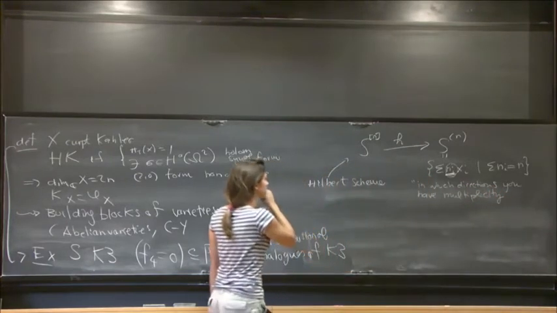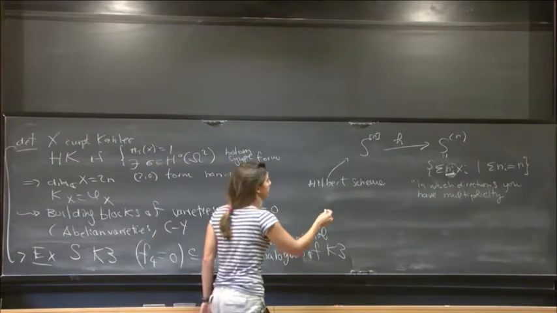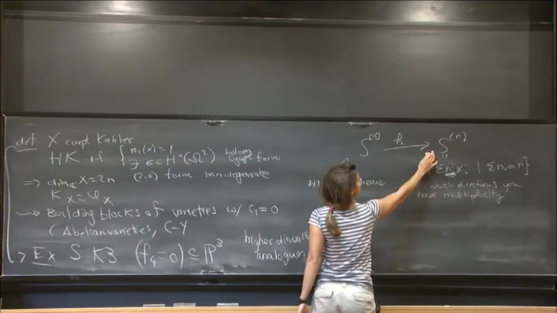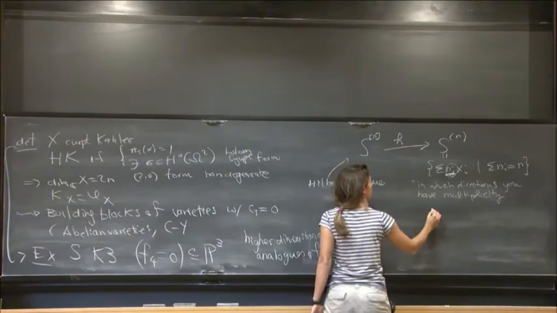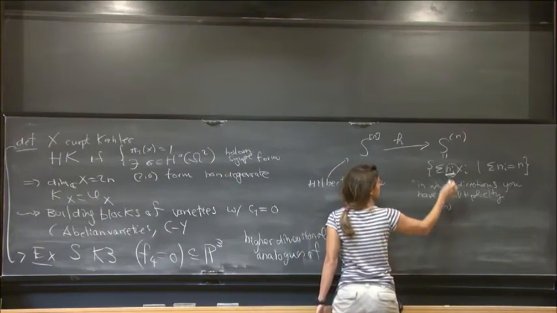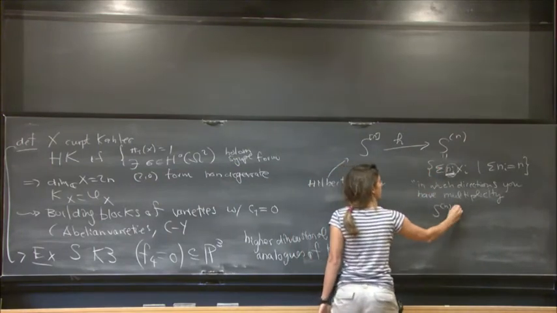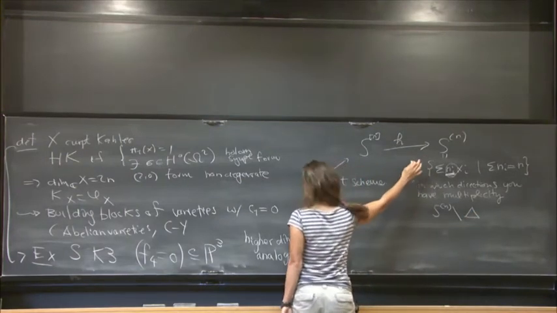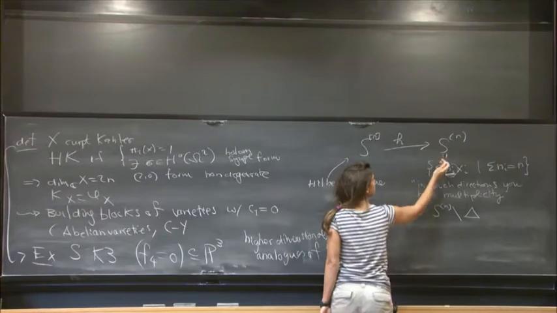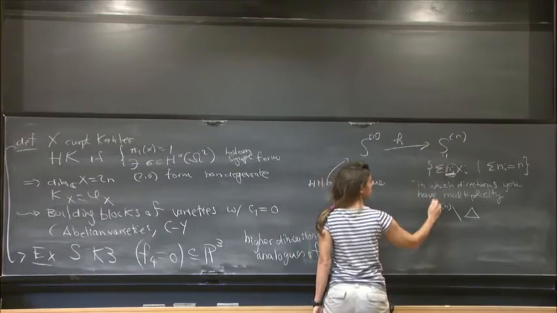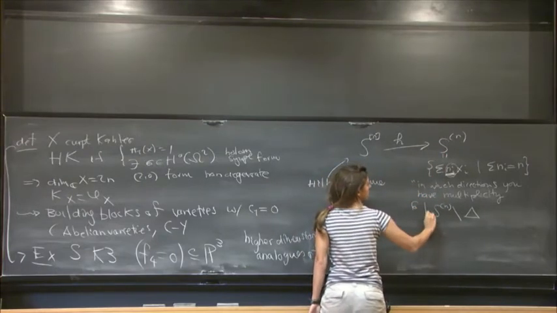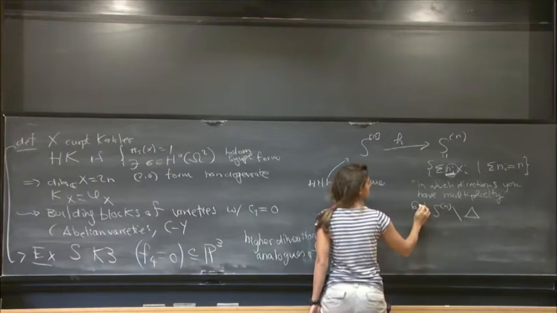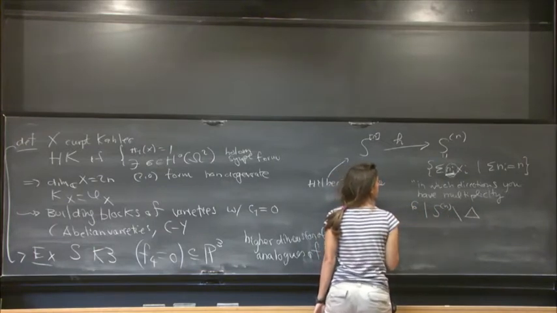And so the important fact here is that on the smooth locus of the symmetric product, so the symmetric product is singular, but away from the diagonal it's smooth, this symplectic form on the K3 surface induces one on this product. So we have this symplectic form here.